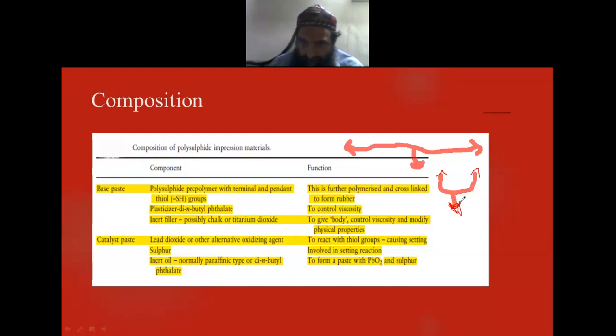Sorry, I am doing it with my own hand, so the drawing is not as good. So these are the terminal ends, and this is the pendant end. Pendant means the hanging one.